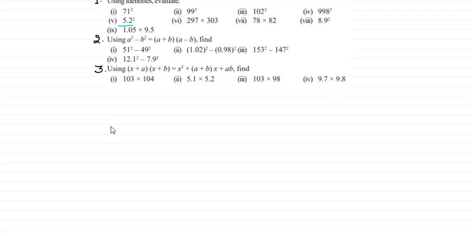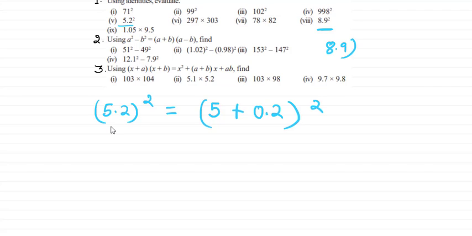Now there are sums like 5.2 whole square. How will you do that? Here you can break it as 5 plus 0.2 and then solve it. Same way here we have 8.9 also. How will you break 8.9? It can be broken as 9 minus 0.1, or you can write it as 8 plus 0.9.